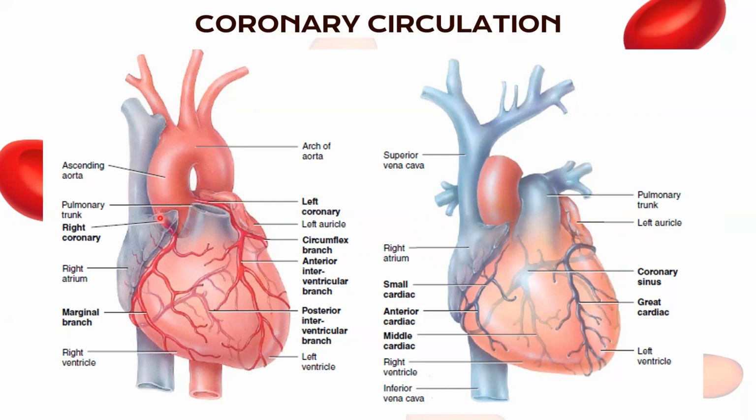The left coronary particularly goes to the anterior portion, and the right coronary has branches extending to the posterior portion. And then you have different veins that eventually drain towards the coronary sinus, which drains directly to the right atrium.